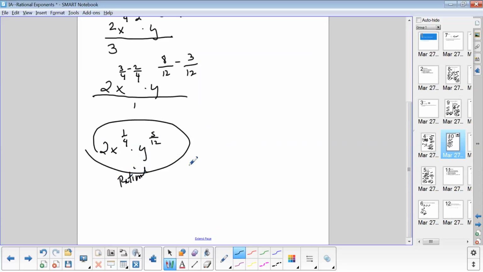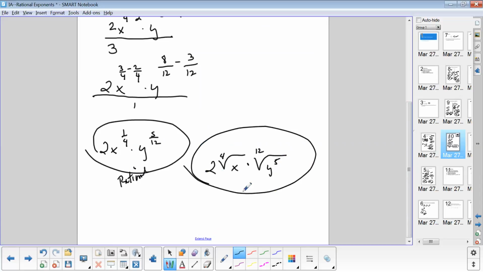There's your rational form. Radical form would be 2 times the 4th root of x times the 12th root of y to the 5th. And we'll look more at radicals later in our unit.